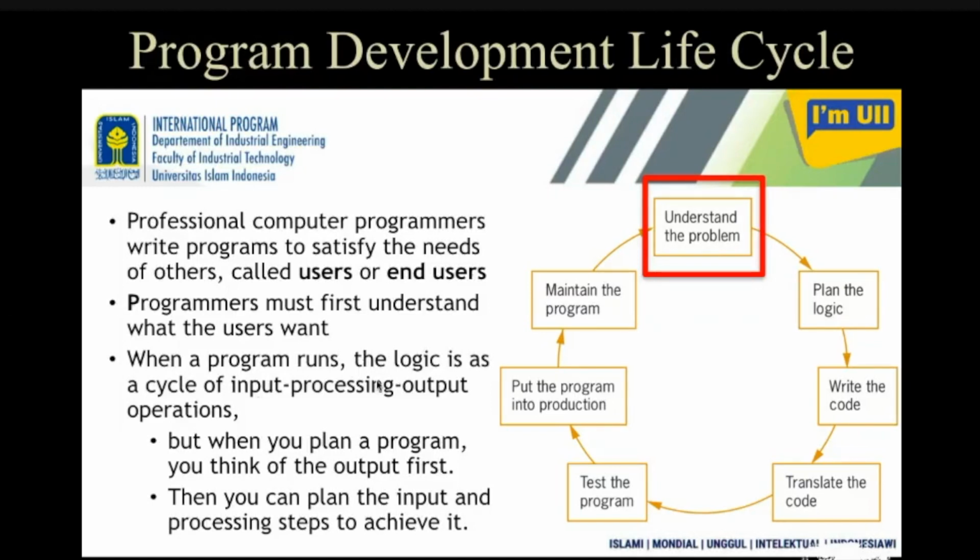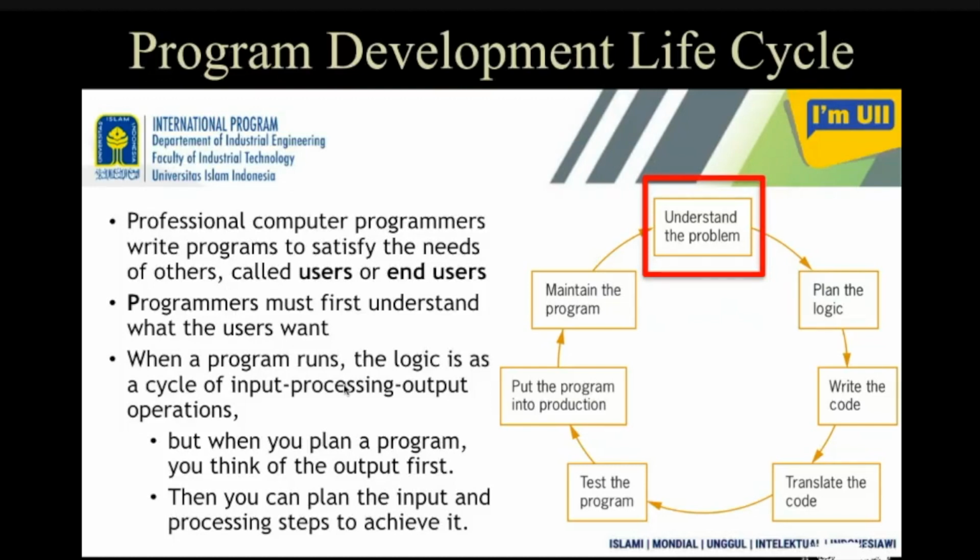When a program runs, the logic is a cycle of input, processing, output. Running a program means you give the input, the code processes the input and gives the output. That is the basic way of running or executing a program.